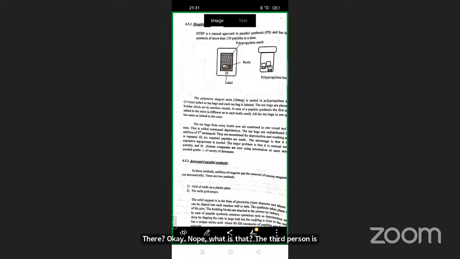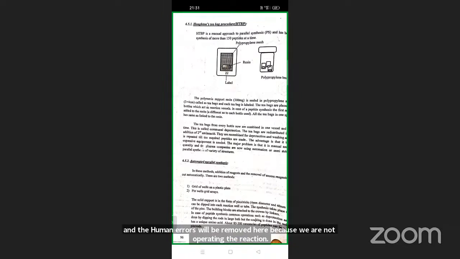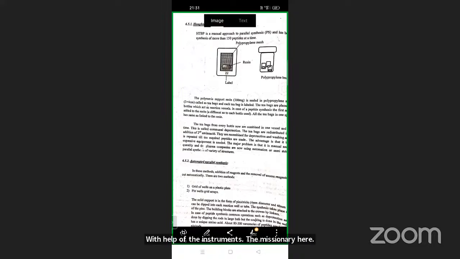This method is very precise, and human errors are removed, because we are not doing the reaction ourselves. We are doing the reaction with the help of instruments or machinery. That's why the automated method is an advanced technique here.